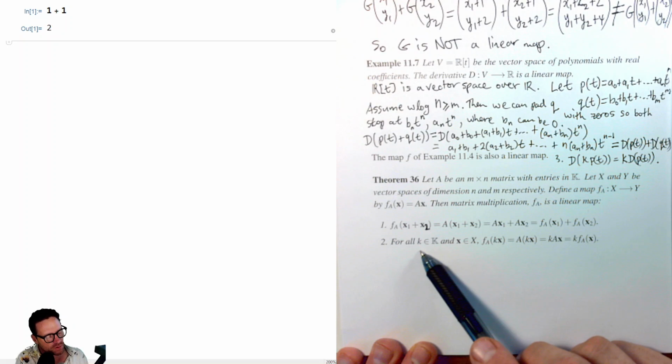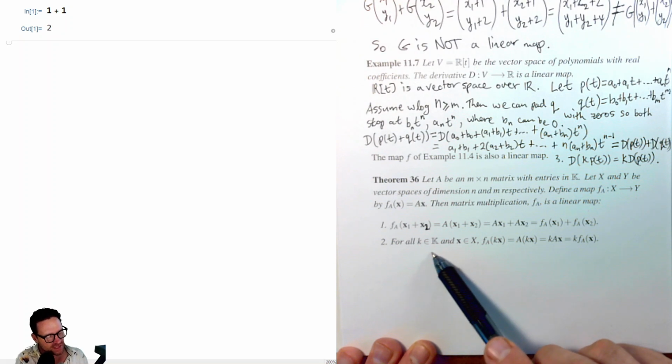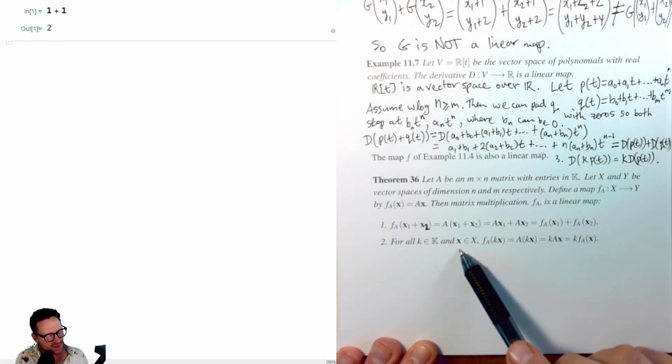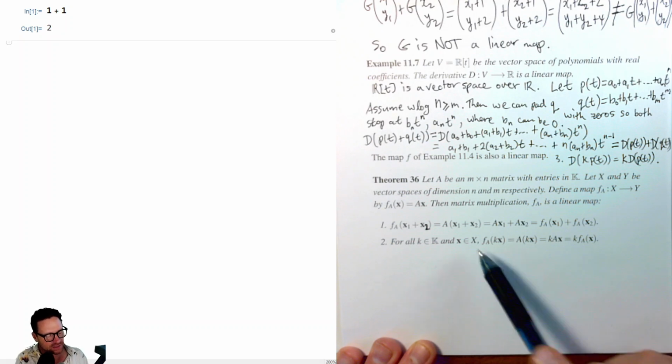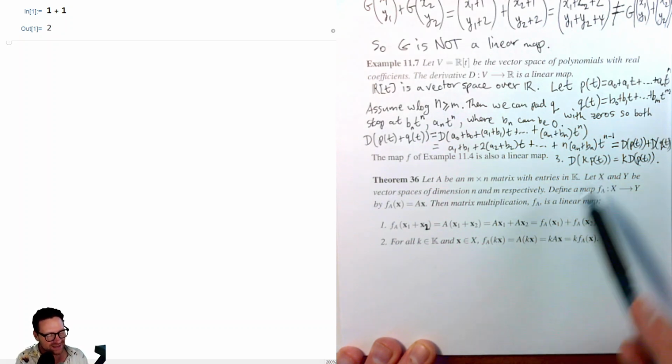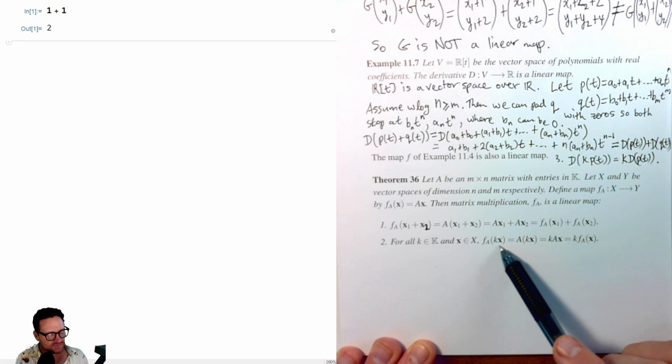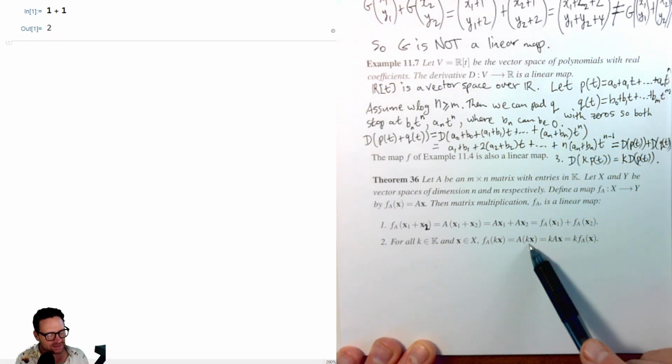Okay, second one, for all scalars k in the field of scalars and vectors x in the vector space X, f_A of k times x is A times the vector kx.